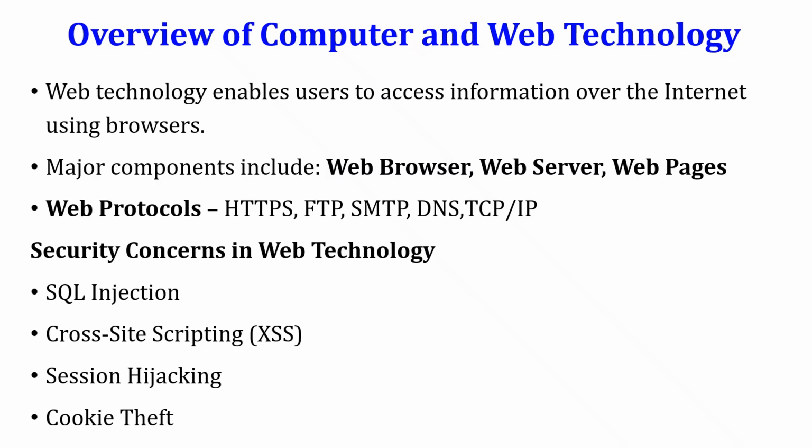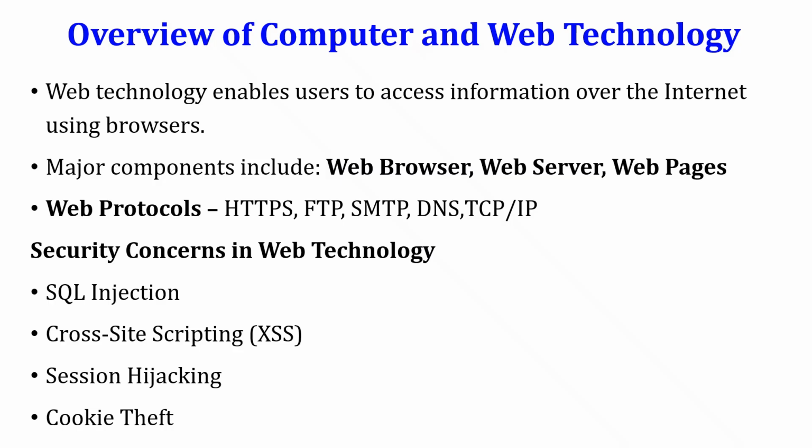So web protocol basically is hypertext transfer protocol, HTTPS, security based HTTPS protocol. FTP is file transfer protocol, SMTP, simple mail transfer protocol, DNS, domain name system. This helps in the conversion of the web addresses to IP addresses, and TCP/IP is a transmission control protocol, an internet protocol which operates in the third layer of the OSI model, that is the network layer.